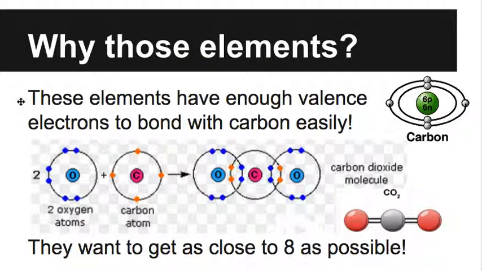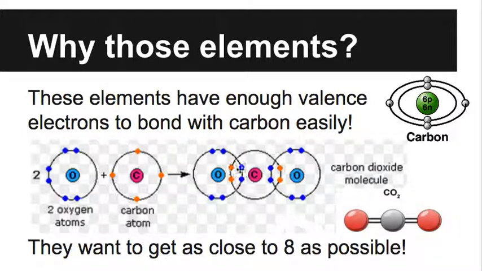So why these elements? These elements have enough valence electrons to bond with carbon easily. Look at this picture here. We have 2 oxygen atoms. Look how they need 2 electrons here to fill their need. Well, it just so happens that carbon has at least 2 to give. So if we put together 2 oxygen atoms and a carbon atom, you can see how now carbon has 1, 2, 3, 4, 5, 6, 7, 8 electrons, so carbon's happy.